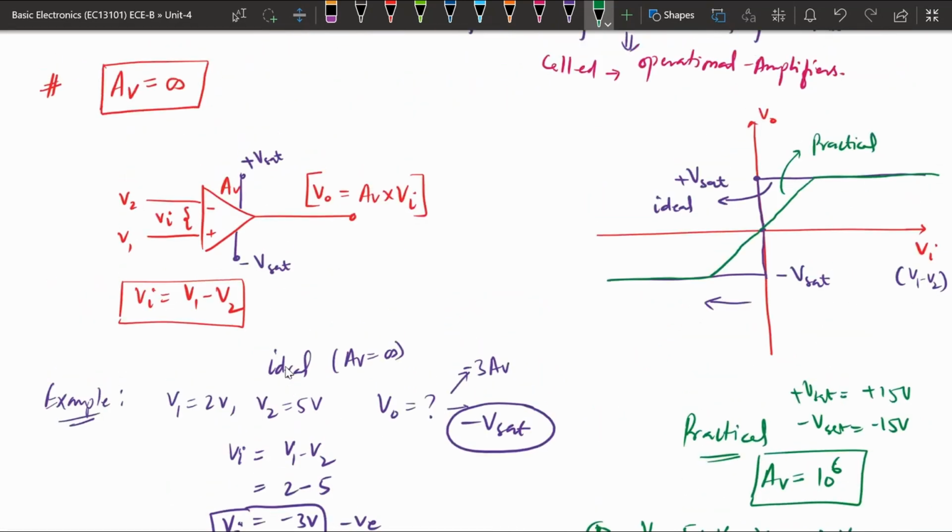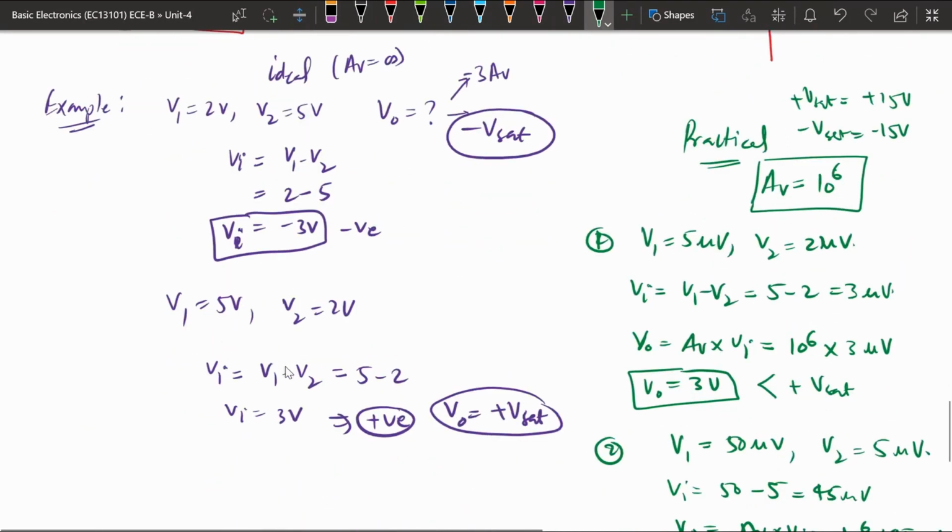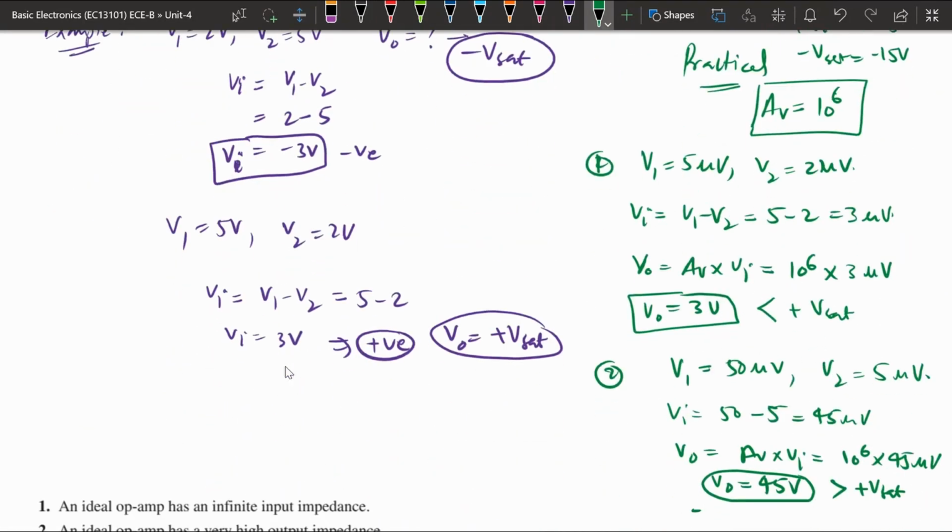It was initially 3 volt, now it is coming out to be 45 volt, but it will not go to 45 volt as the input keeps increasing. If it goes beyond plus V sat, that is 15 volt, it will be constant. So the output voltage will be equal to plus V sat, that is plus 15 volt.